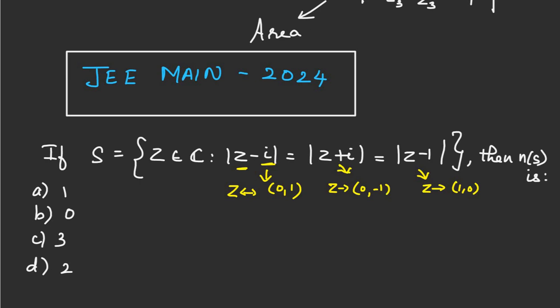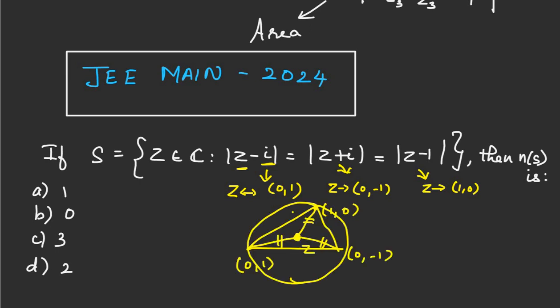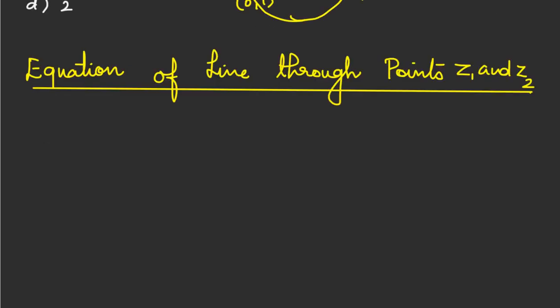When we plot the points here, therefore n of S will be only a single point. The number of elements in the set n of S will be equal to 1.